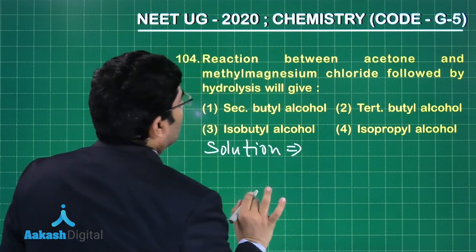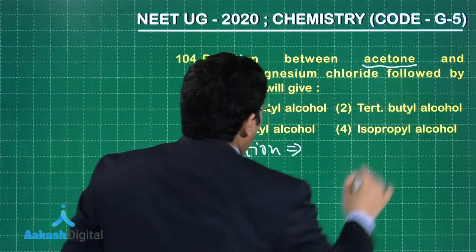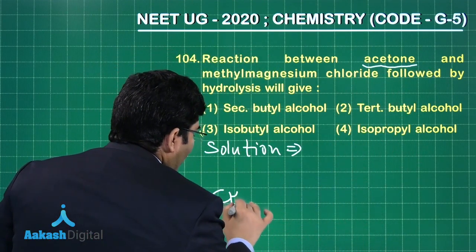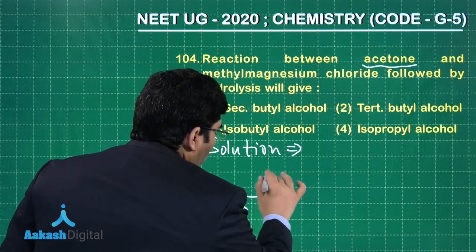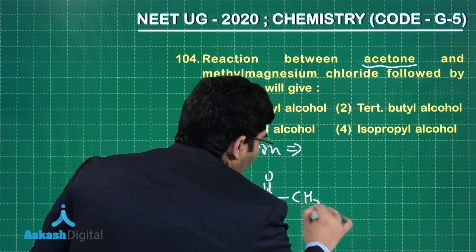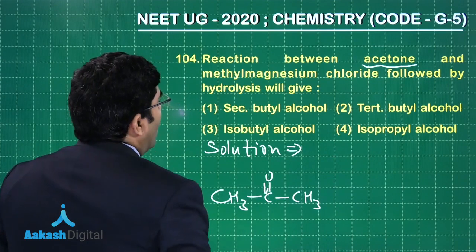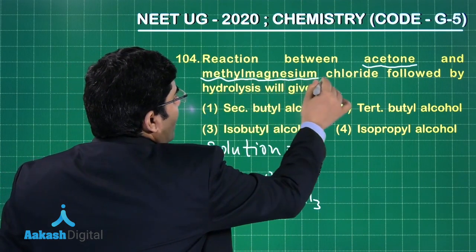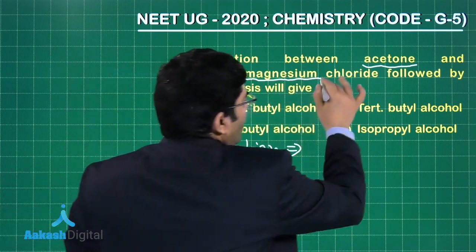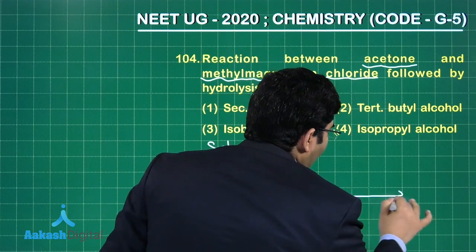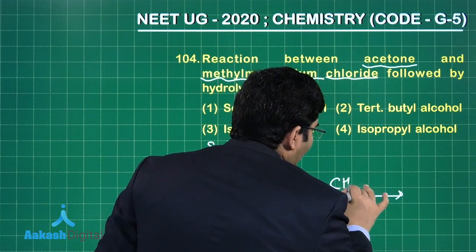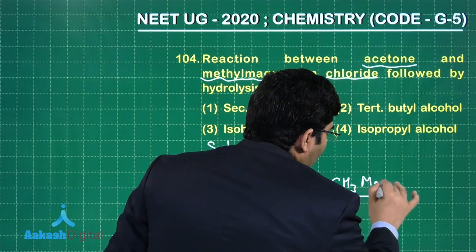So the solution will be, he is taking acetone, so this is acetone, CH3, C double bond O, CH3, this is acetone, right? And he is reacting with methyl magnesium chloride, so this is the Grignard reagent, that is CH3MgCl.